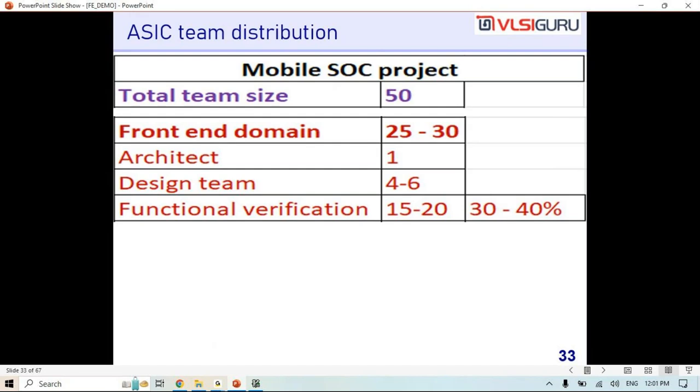In front end domain, how many architects will be required? One good architect. Let's say you want to construct a house. Do you go to 5 architects or one good architect? One, right? How many people does the design team require?